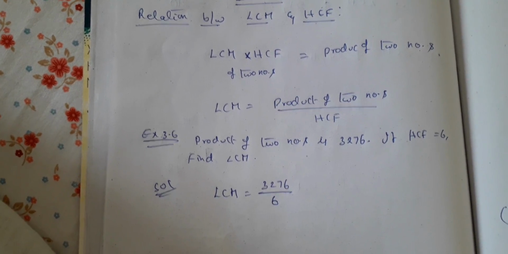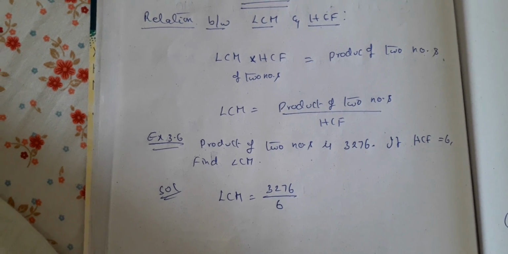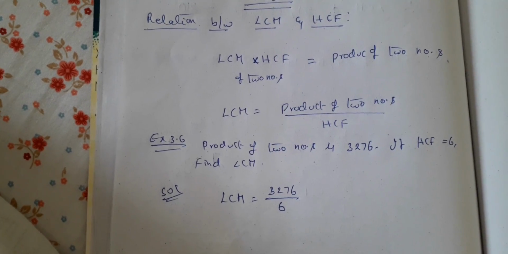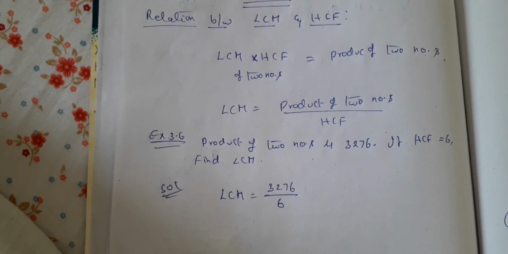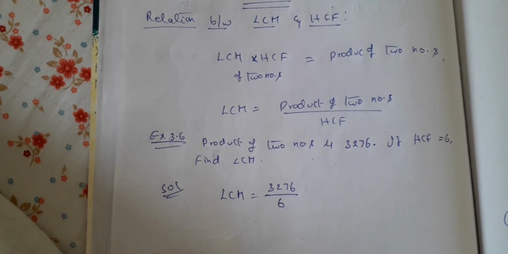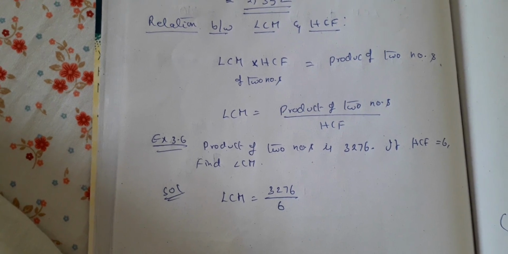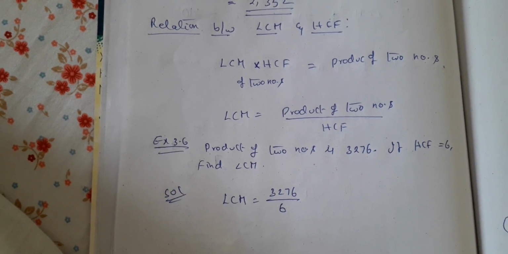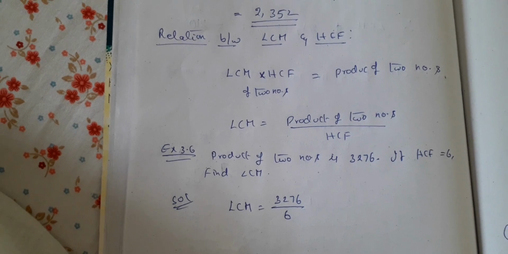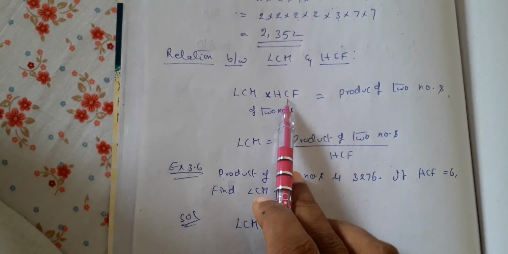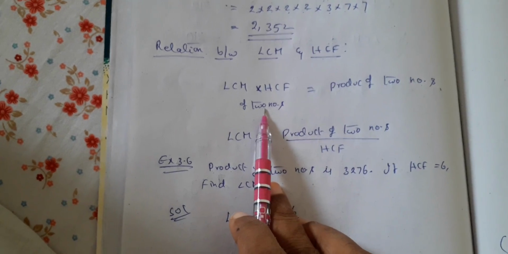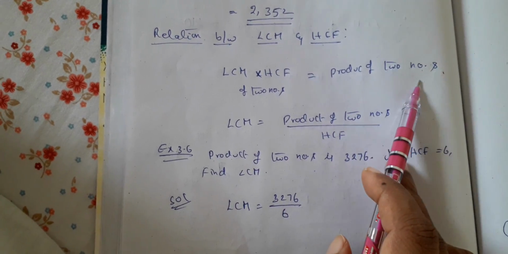Yes, we have determined HCF in the previous exercise. In this exercise we are doing LCM. Now, the relation between LCM and HCF. Even in the previous classes, in class 5 also, you have learnt about it. If you have two numbers and you know the LCM and HCF of those numbers, the product of the LCM and HCF of those two numbers is equal to the product of the two numbers.